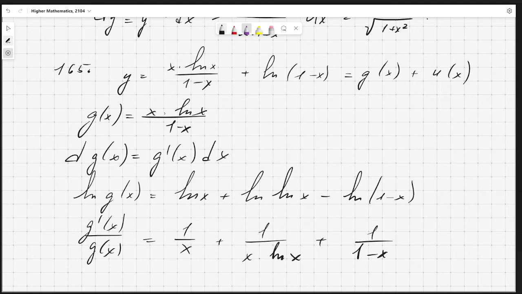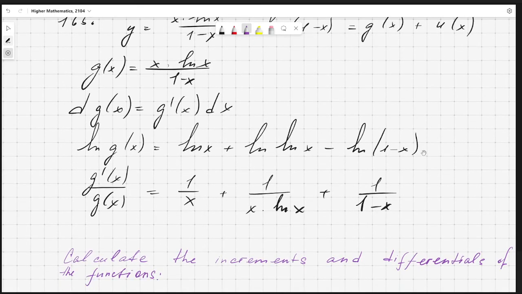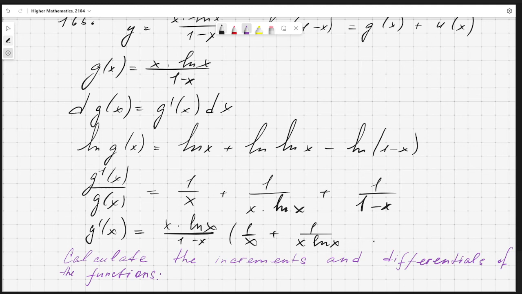And g prime of x will be equal to g of x, which is x times the natural logarithm of x over 1 minus x, times that expression.